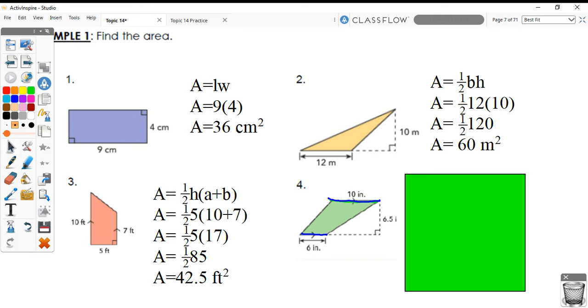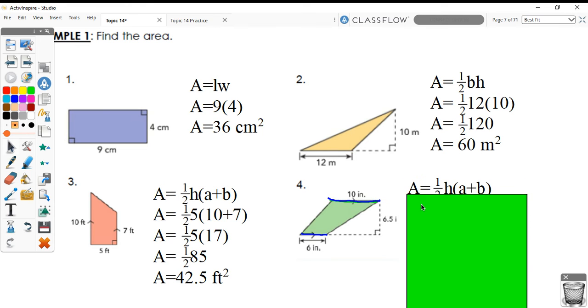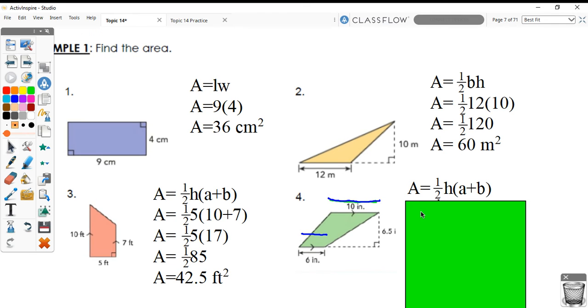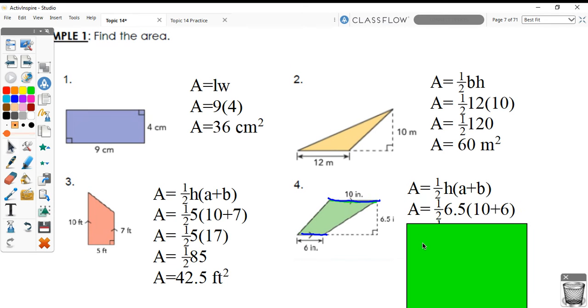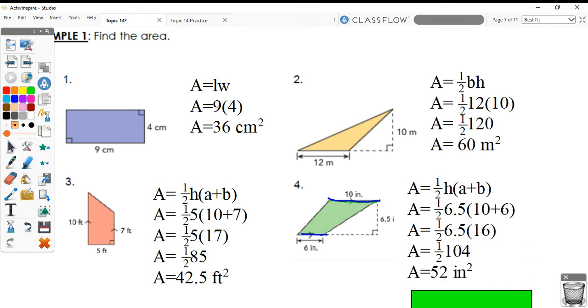Okay? This funky looking little shape right here, by definition, is a trapezoid. So that means we're going to treat it just like we did number 3. We're going to go 1/2 times the height times the bases added together. So that's going to be 1/2 times 6.5 times 16. And we just simplify all that down. Half of 104 gives us an area of 52 square inches.